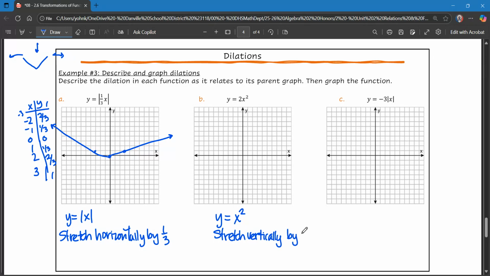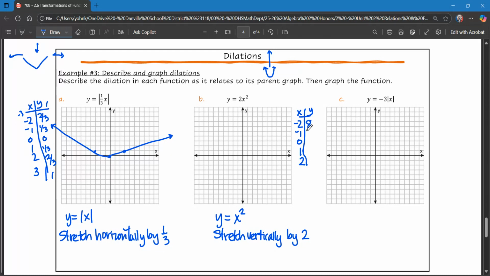Stretch vertically by 2. That means we're going to get twice as tall. So the normal parabola might look like this, but we're going to get twice as tall, so we're going to be super skinny when we get stretched taller. So we make an XY table. We plug in -2, square it gives you 4, times 2 is 8.